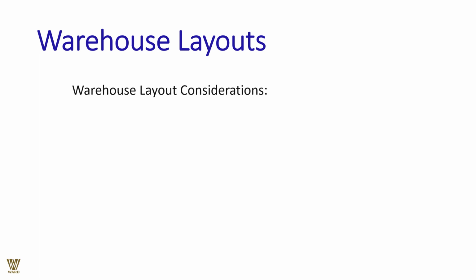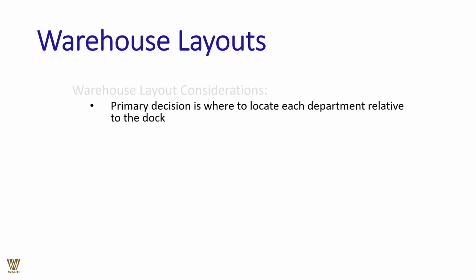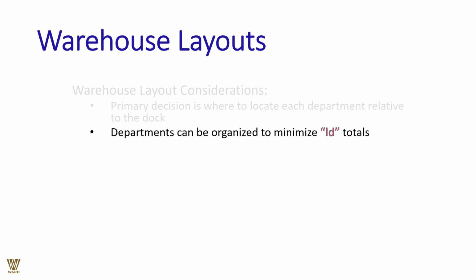So warehouse layout, let us understand what the considerations for warehouse layout are. The primary decision is where to locate each of the departments relative to the dock. When I say dock, it is the bay area from where either the finished product is shipped out or the raw materials are shipped in. So this is what we need to go around with the docks.